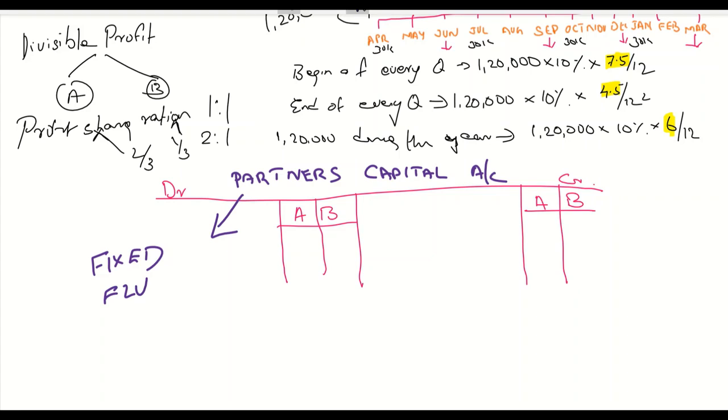In the fixed capital method, the capital balances, the initial contribution of the partners, will remain the same, and other adjustments including interest on capital, interest on drawings, etc. will be on the current account. In the fluctuating capital method, it's similar to how we were preparing the capital account in class 11. The capital contributions plus any other adjustments will be put in the same account. We will discuss more on this with an illustration soon.